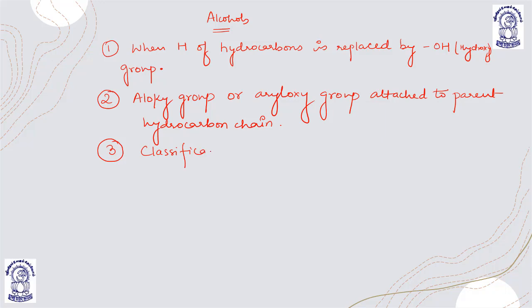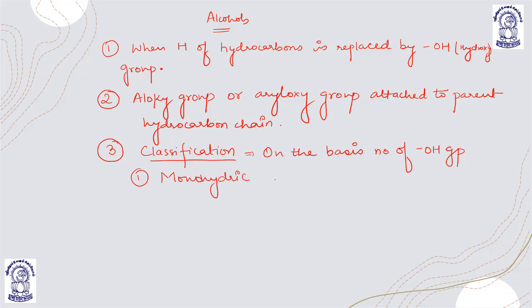The alcohols are classified on the basis of the number of OH groups attached to the parent hydrocarbon chain. Monohydric alcohol has one OH group.